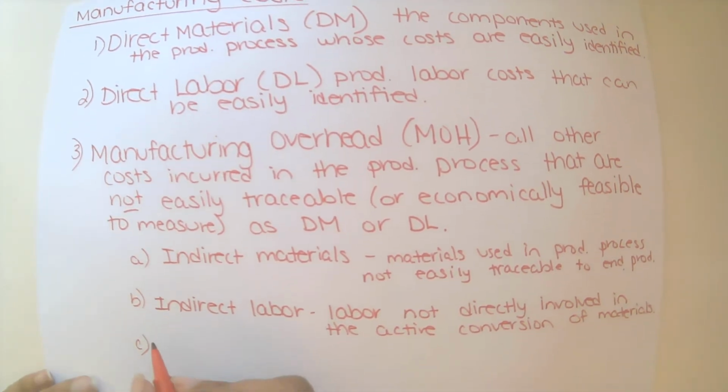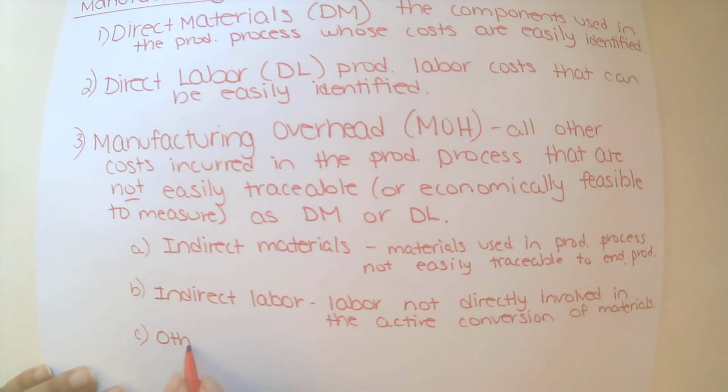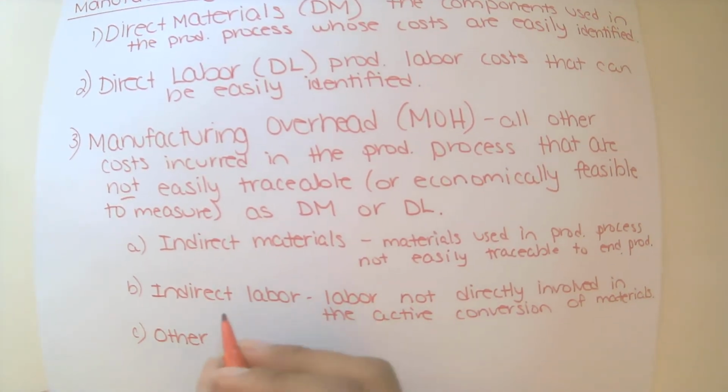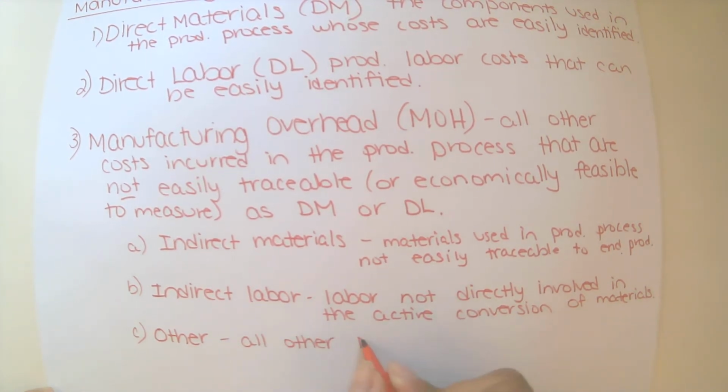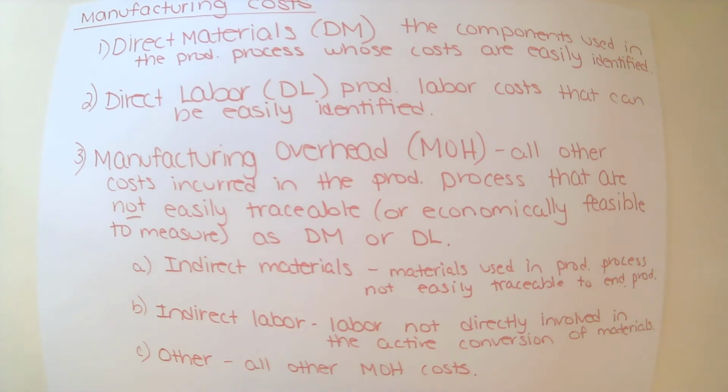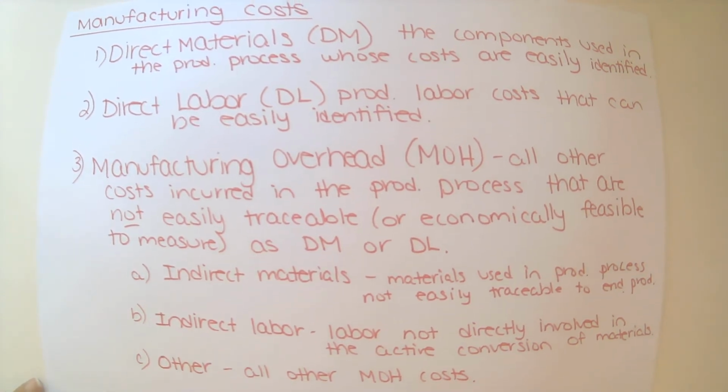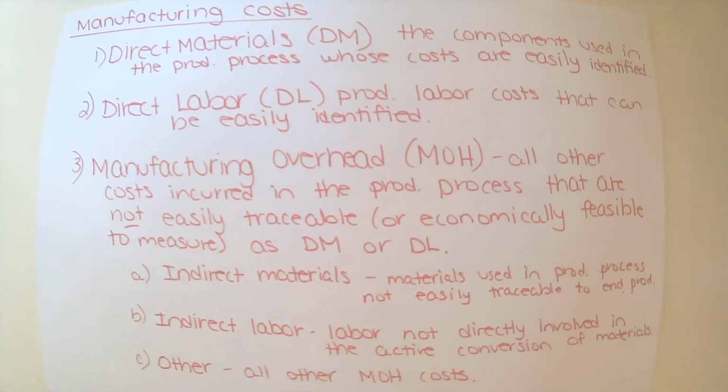And then finally, we have the category of other. Everything else. So all other MO costs that don't fall into indirect materials or indirect labor. It might seem a little bit nebulous right now, a little confusing, but do copy down these definitions, and then we're going to go through an example.